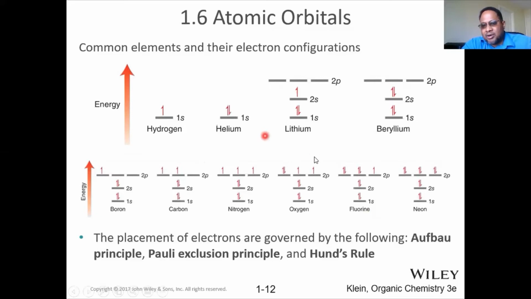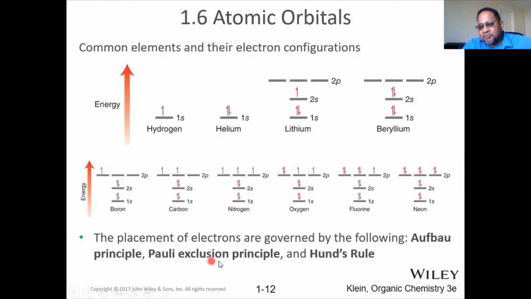So if you guys remember in Gen Chem, when you talked about the Aufbau principle, Pauli exclusion principle, and Hund's rule, that kind of talks about how electrons are filled in the atomic orbital. The Aufbau principle says that you start at the lowest energy level, moving all the way to the top energy level.